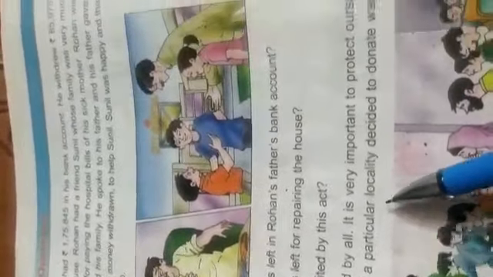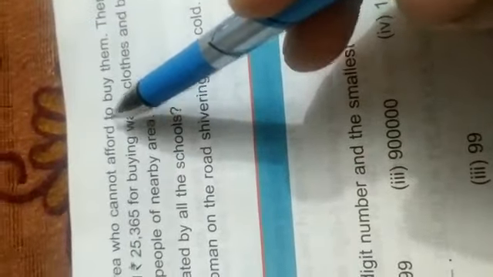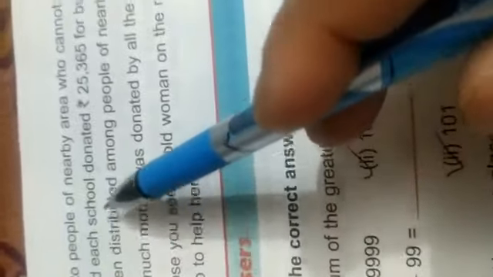Schools of a particular locality decided to donate warm clothes and blankets to people of the nearby area who cannot afford to buy them. There were 38 schools and each school donated rupees 25,365 for buying warm clothes and blankets.